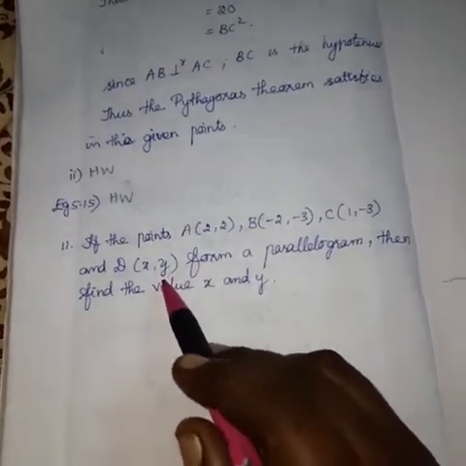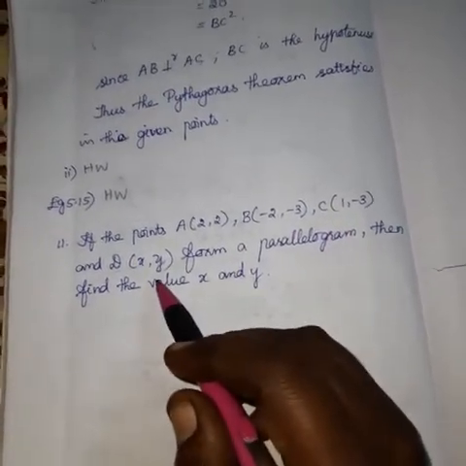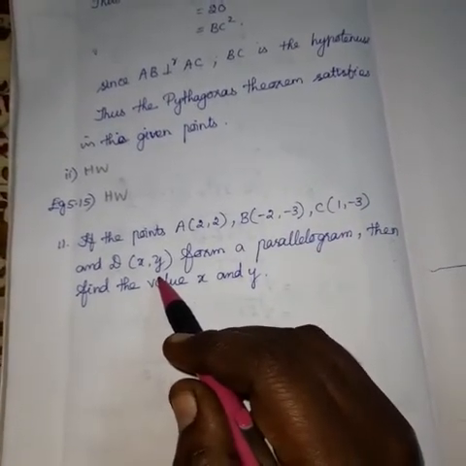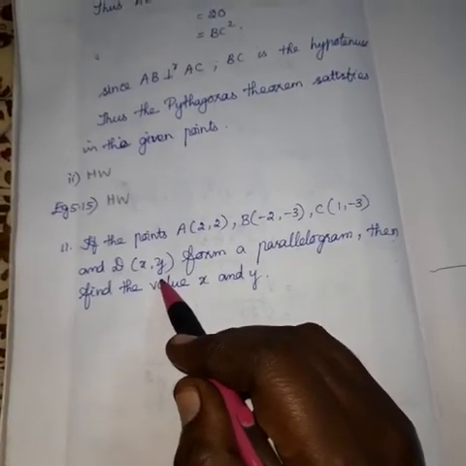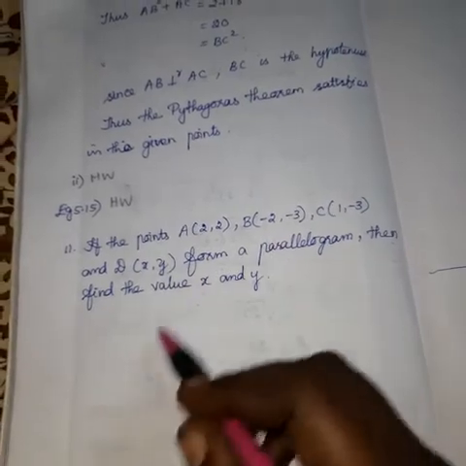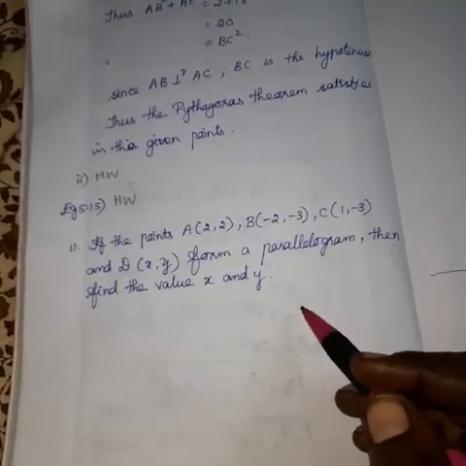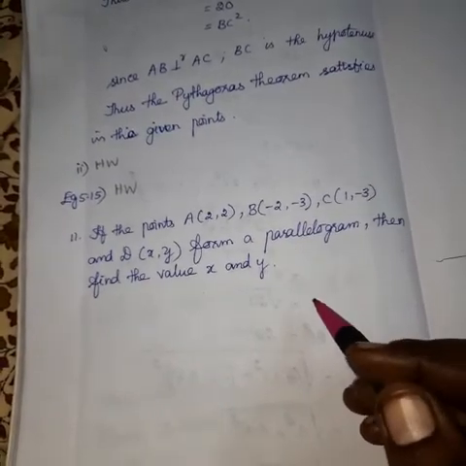Otherwise, if all the coordinates are given, you must plot the points first, then join the points and choose the points in the anti-clockwise direction. Choose the order in the anti-clockwise direction, then only you will get the answer correctly.